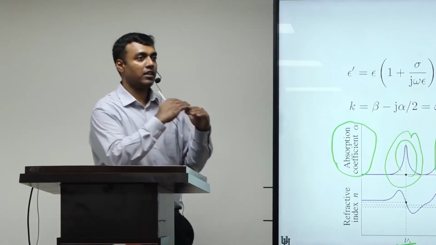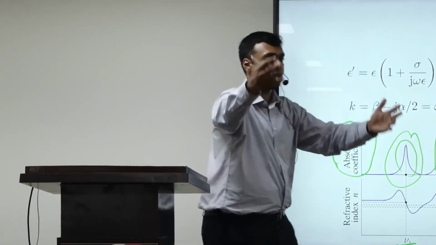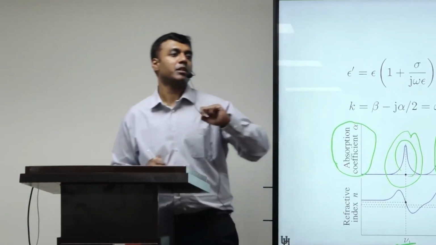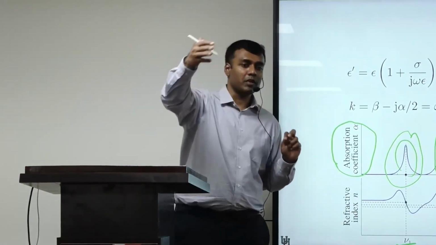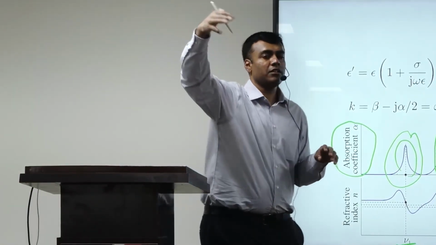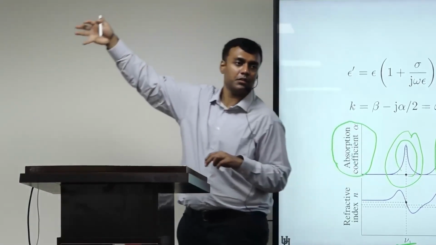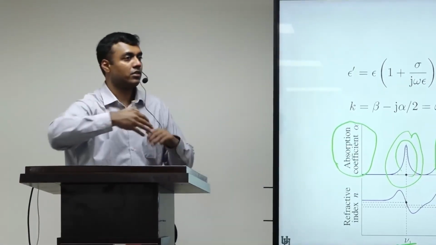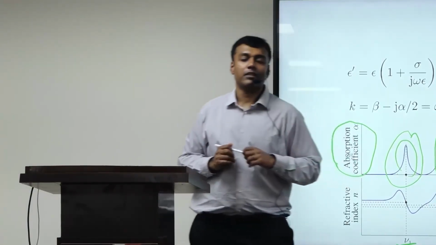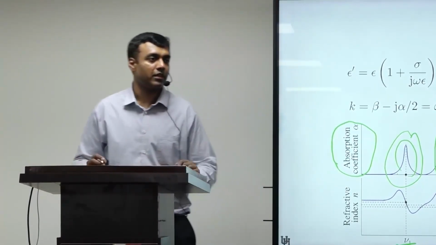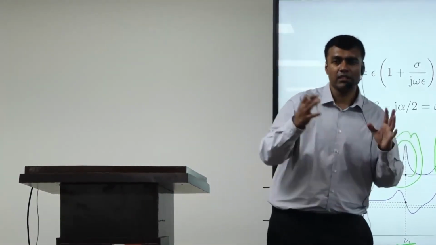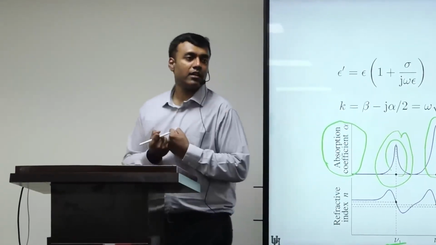So there are atomic levels, molecular levels, and rotational levels. The atomic levels are typically in the visible, the molecular levels are in the mid-infrared, and the rotational levels are in the longer wavelength mid-infrared and far infrared. These are all the reasons why light could get absorbed.